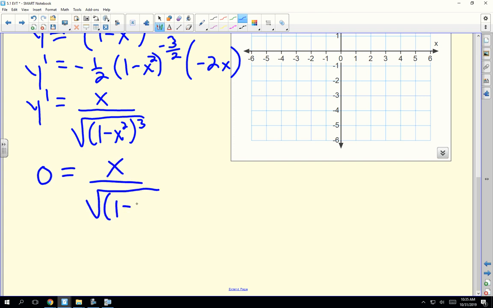Okay, and look what happens again. Okay, first of all, guys, can this ever be 0? Could this be 0 on the domain -1 to 1? That's where we are at. Are there any numbers between -1 and 1, not including -1 and 1, because there was an open interval, that would make that bottom 0?